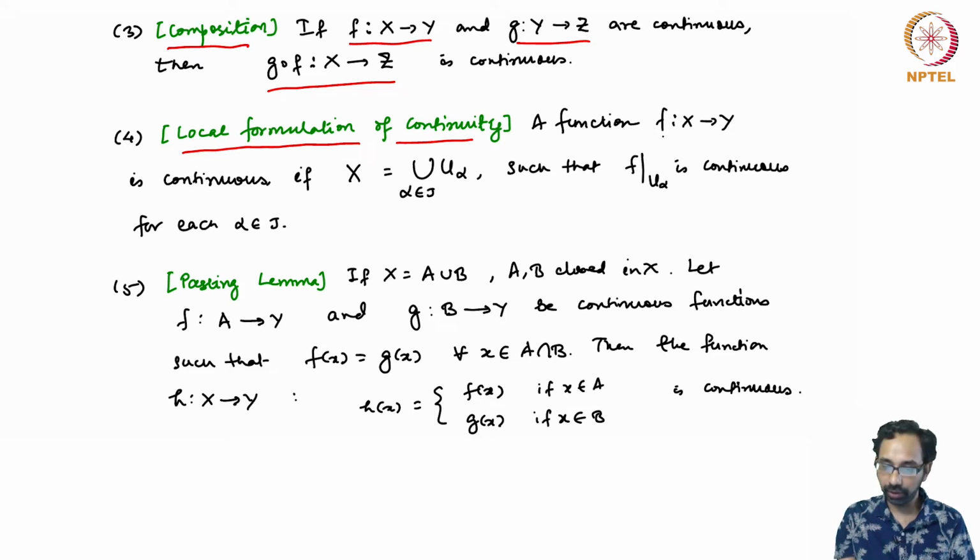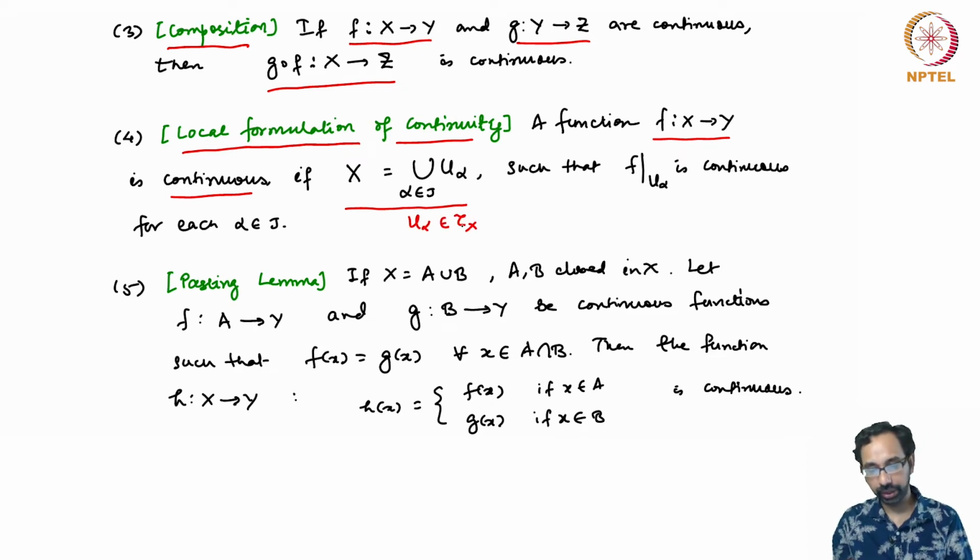If a function f from X to Y is given, then it is continuous if X can be written as a union of open sets U alpha, where U alpha are open in X, such that the restriction of f to U alpha is continuous for each alpha in J. This is what is meant by a local formulation, because you are only considering small open sets on which the restricted function is continuous. This is why it is called local.